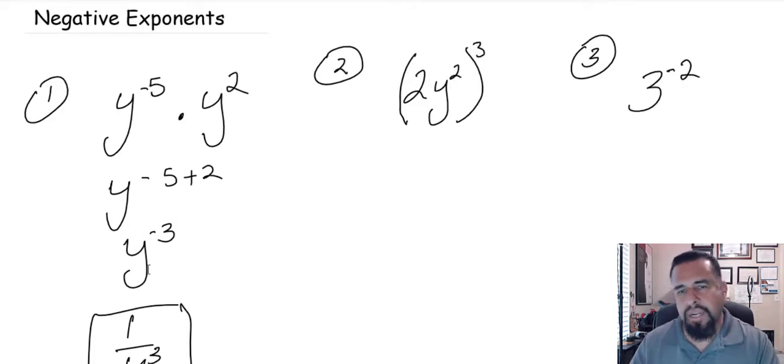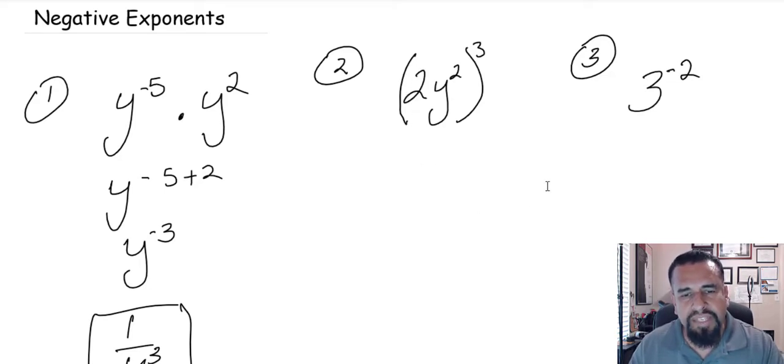Let's do the next one. Notice, when I have two exponents here, I have a positive exponent inside and a positive exponent outside. When you have an exponent inside and outside the parentheses, I need you to multiply them. A lot of people forget about the 2 right here.